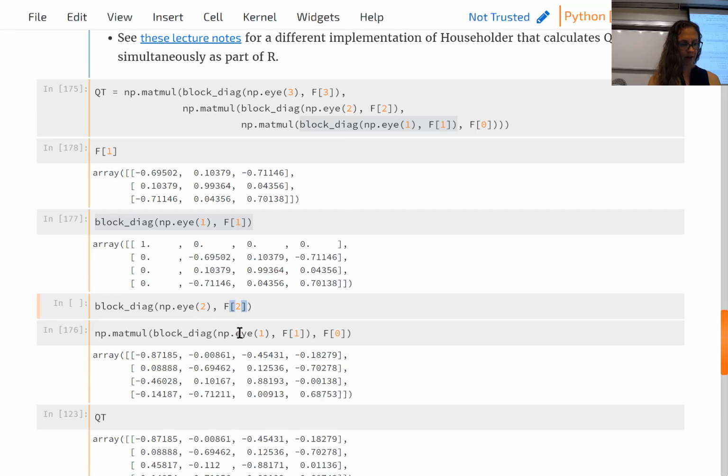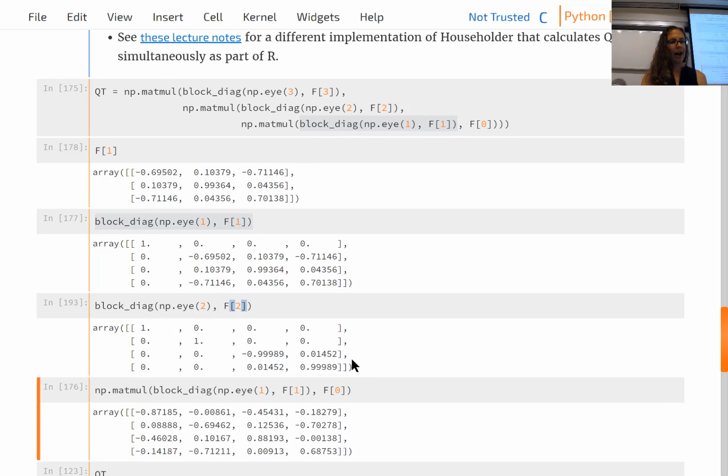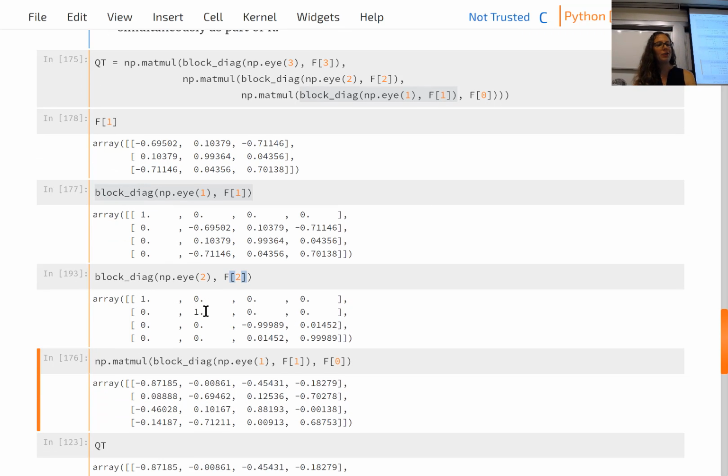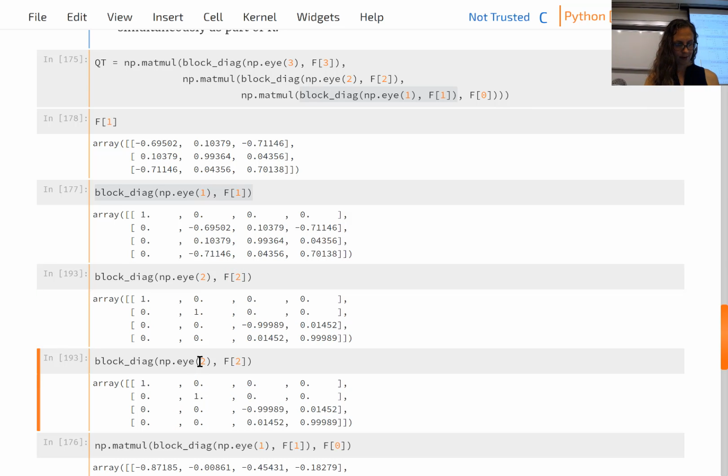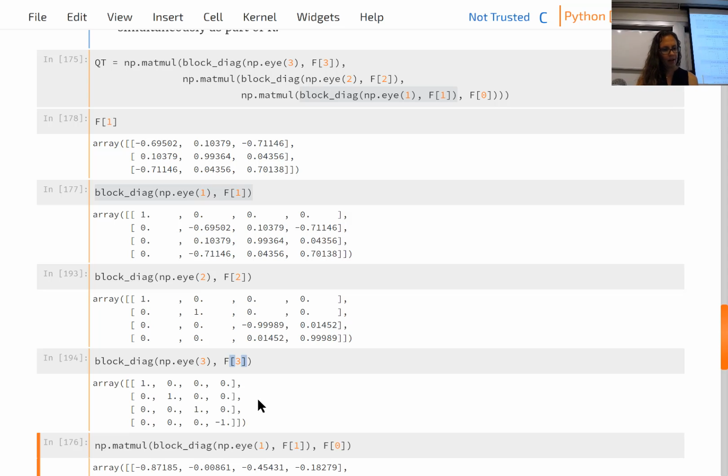Now we've got a 2-by-2 identity matrix in this corner, and F is 2-by-2. Here, I is 3-by-3, and then F ends up having to be 1, since it's got to be orthonormal. It's either going to be 1 or -1.